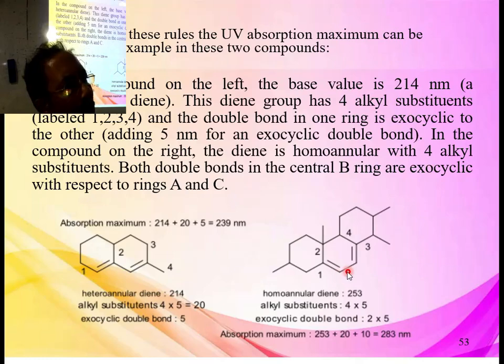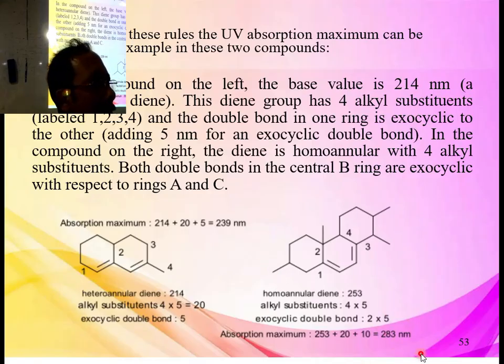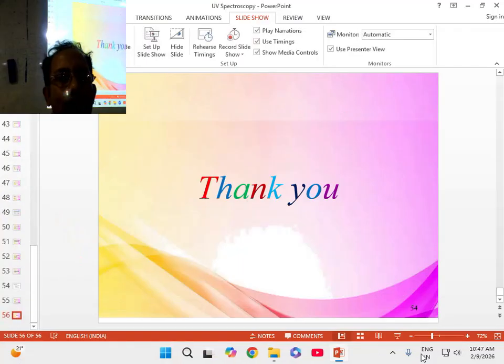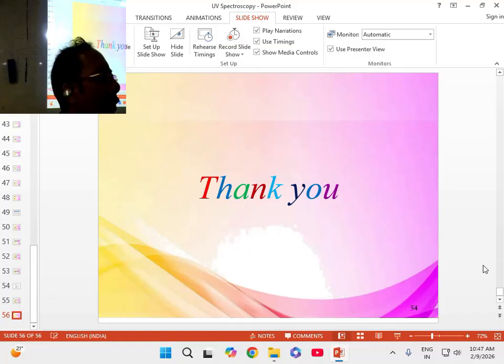Here also there is another exocyclic double bond, so 2 exocyclic double bonds are there. That's why 2 into 5. If you add the total value, it comes to 283. So here it is 239, here it is 283. Quite different. These two are just examples of the Woodward-Fieser rule. I am not going into much detail.